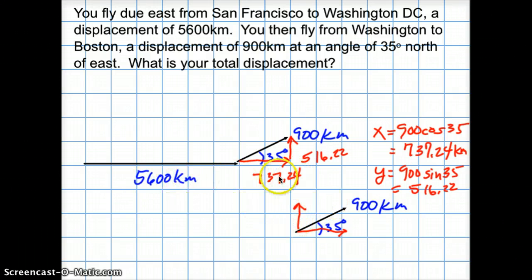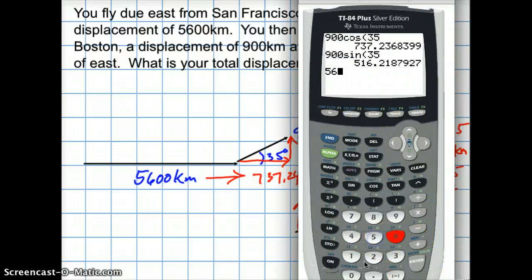And so here's what I've done. Now I've got two horizontal vectors. I've got two x's. They're both going this direction, so I'm just going to simply add those together. So 5600 plus 737.24.